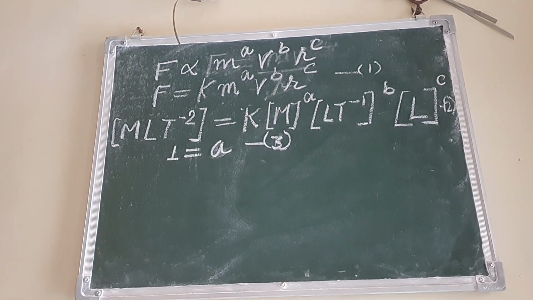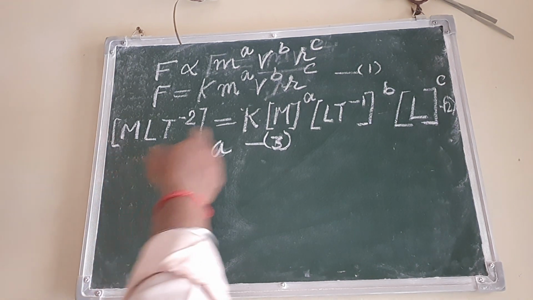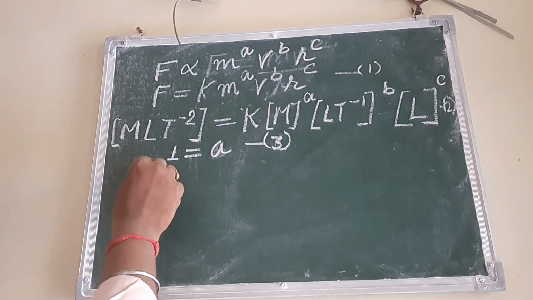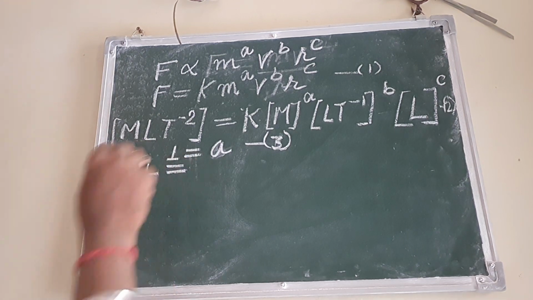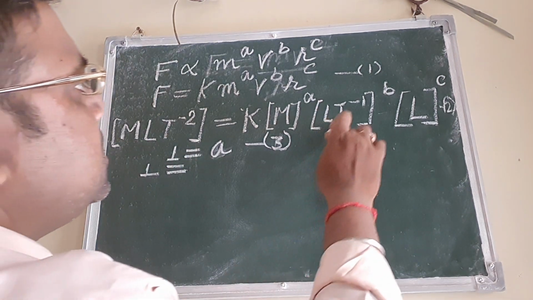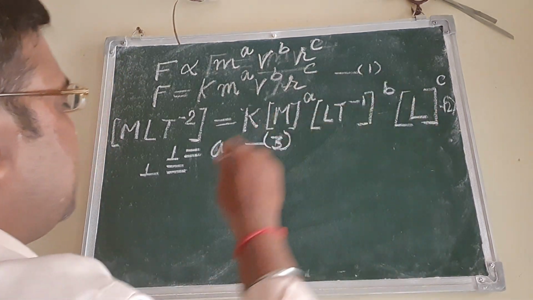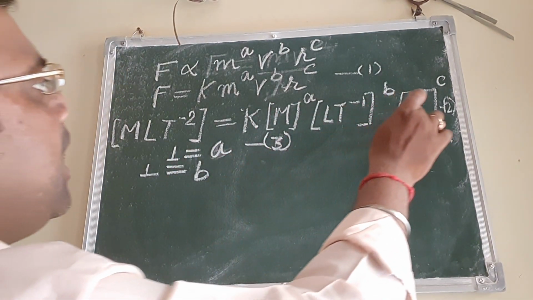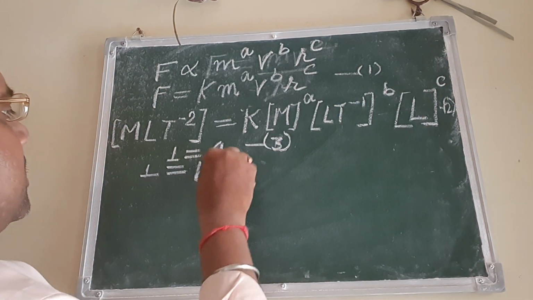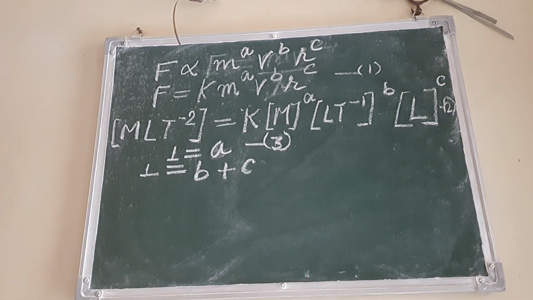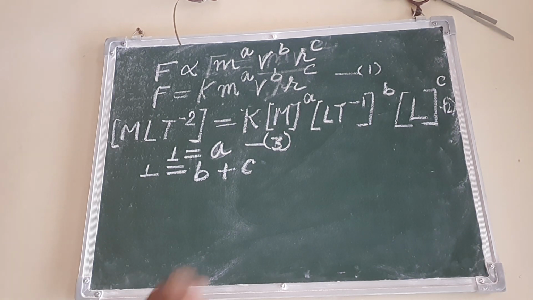Comparing the dimensions of L on both sides, here the dimension is 1, and here it is L multiplied by b, that is b, and L into c, that is c. So 1 is equal to b plus c. This is our fourth equation.